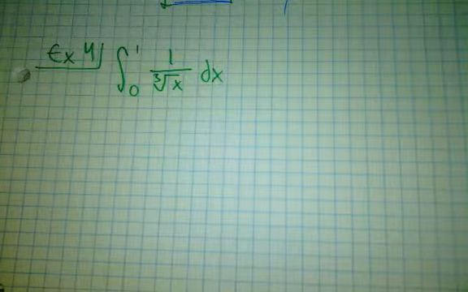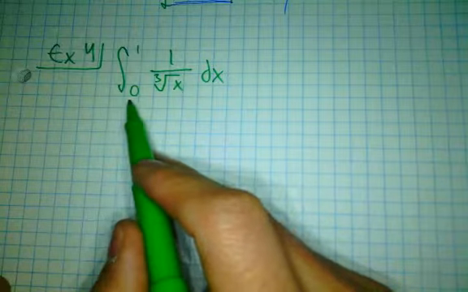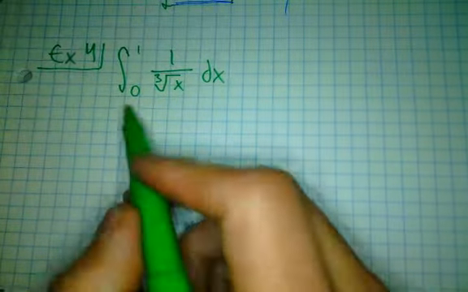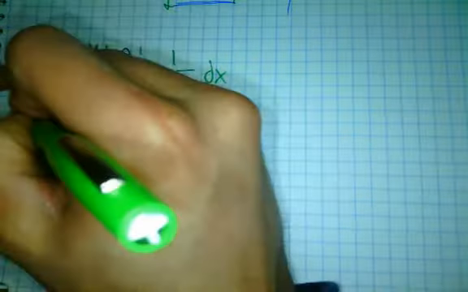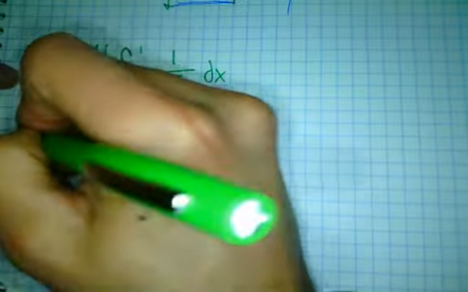Okay, so here we go. You ready? 0 is a problem, right? So what do we have to do? You substitute 0 with some variable, whatever you want. What variable do you want to use? You said C? Okay.